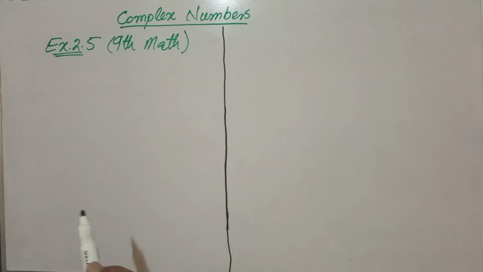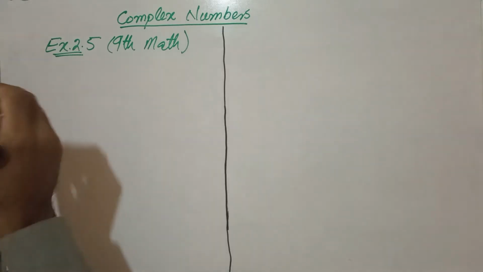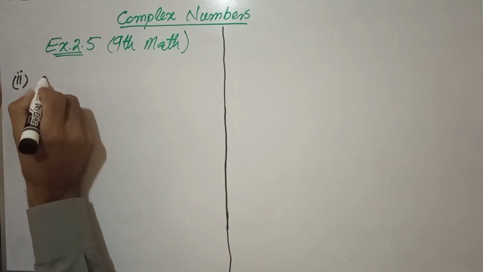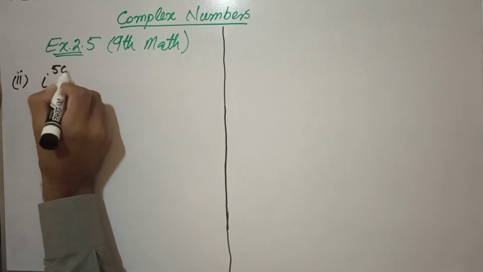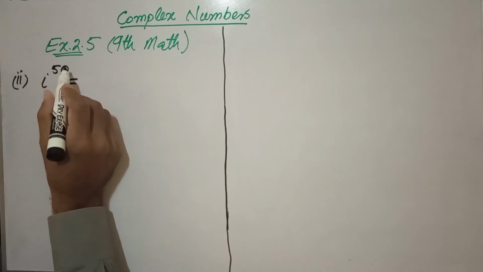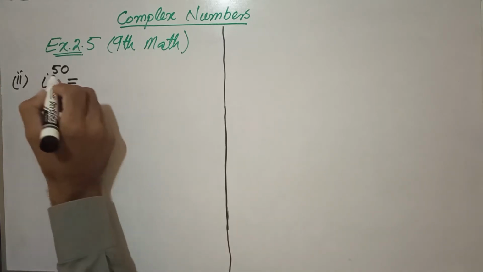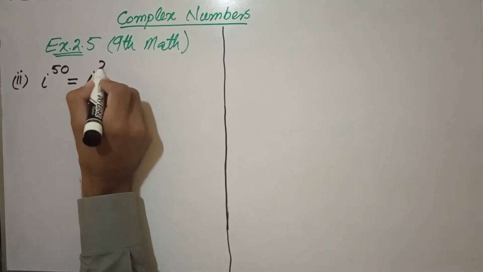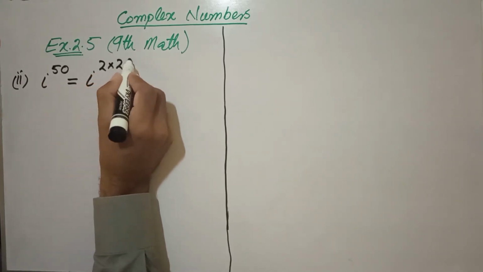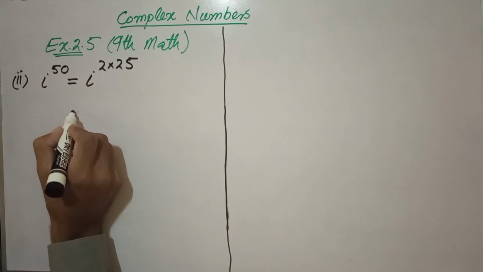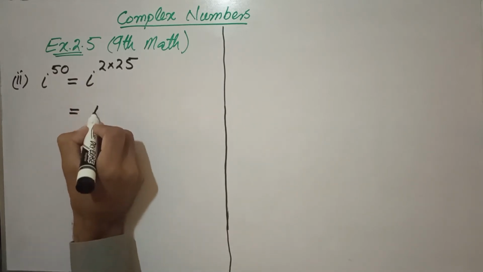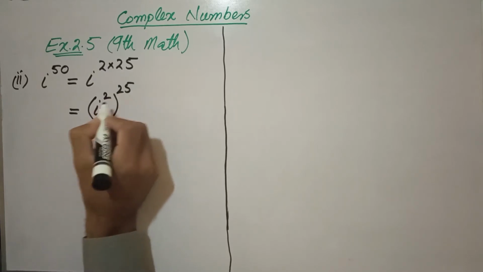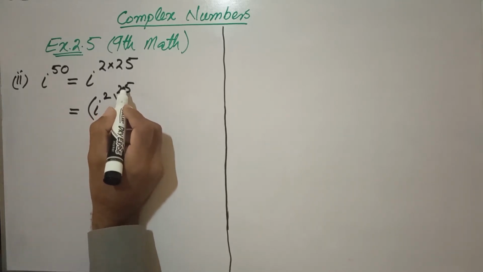In the second part, we have iota power 50. Now we know that 50 is an even number, so this can be written as a multiple of 2, iota 2 into 25, and then using the property iota square power 25, that is power can be multiplied with the power.